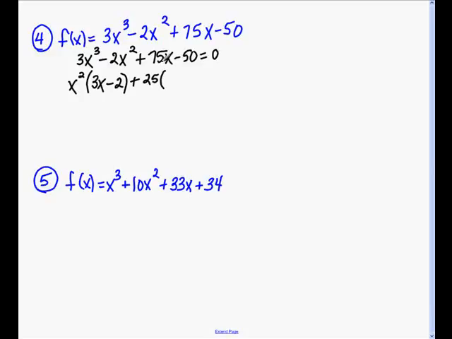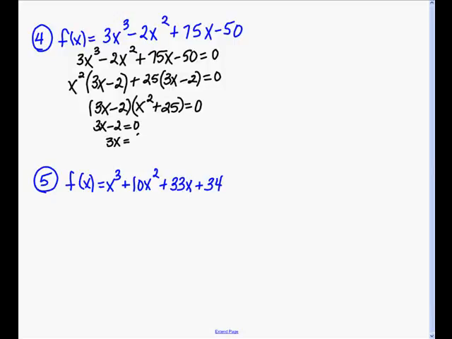Between 75x minus 50, there is a 25 in common. So taking a 25 out would leave a 3x minus 2. So yes, this is factorable by grouping. We have that 3x minus 2 as a common binomial, and our remaining factor is x squared plus 25.